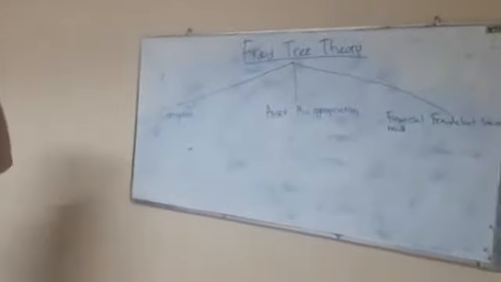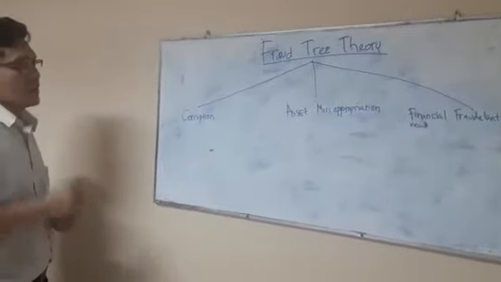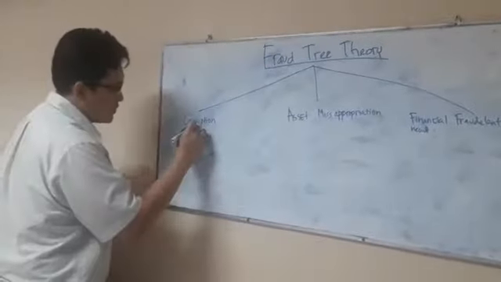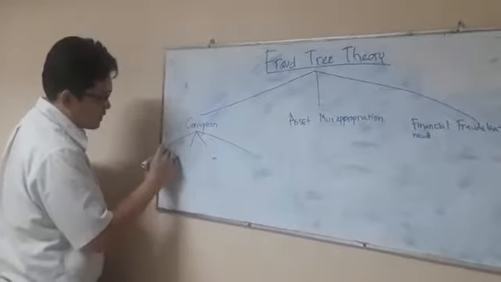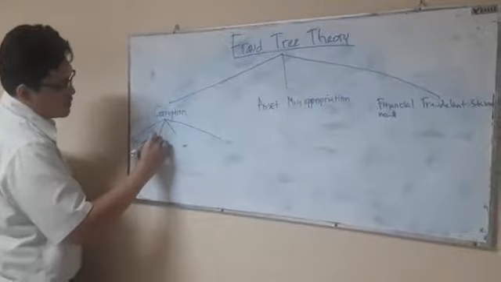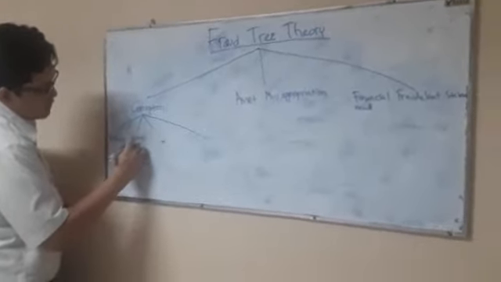Okay. Number one, we will discuss corruption. In the fraud tree theory, corruption is divided into four actions. Number one is bribery. Number two is illegal gratuity.